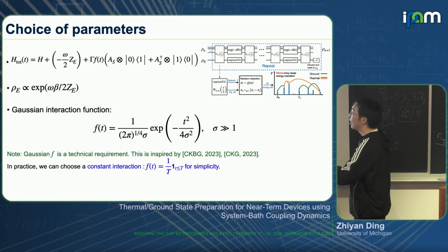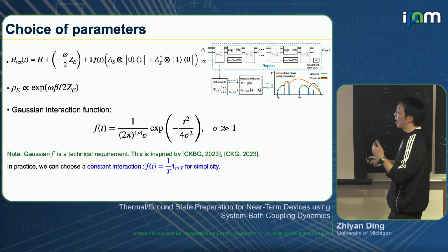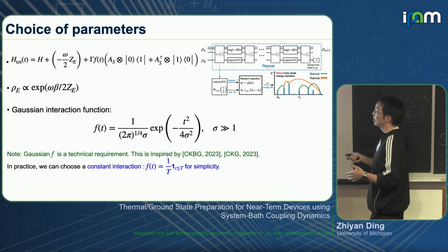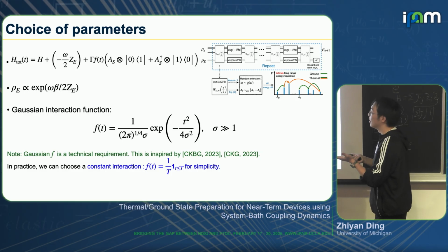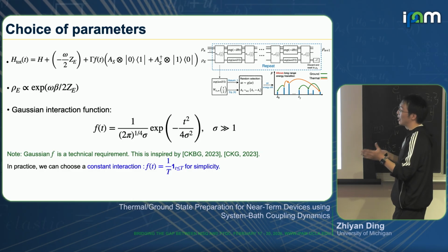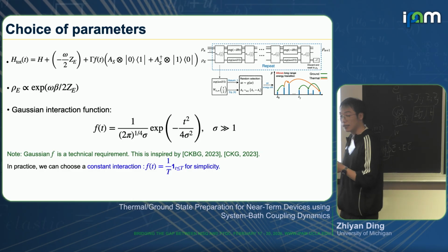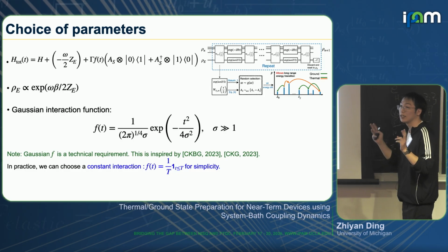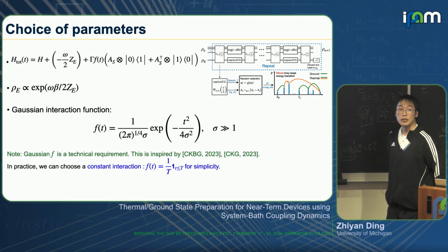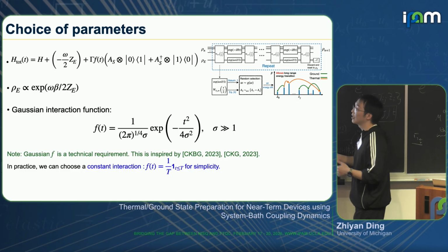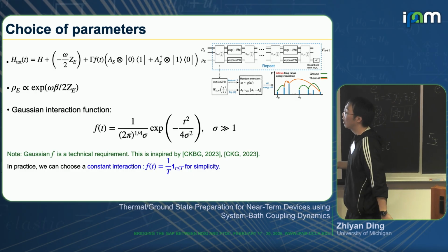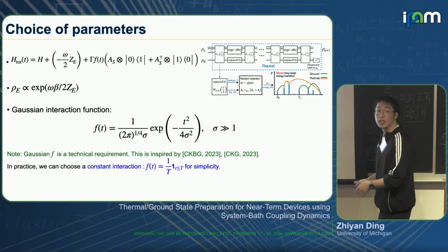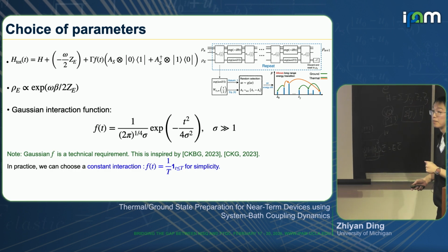In our algorithms, I will choose f(t) to be a Gaussian interaction function to make sure that the L1 norm of these functions is a constant. But I do want to emphasize that this Gaussian f is a technical requirement to get a better complexity in our paper. In practice, if you really want a time-independent Hamiltonian, you can also choose f(t) to be a constant function. This can also work in practice.